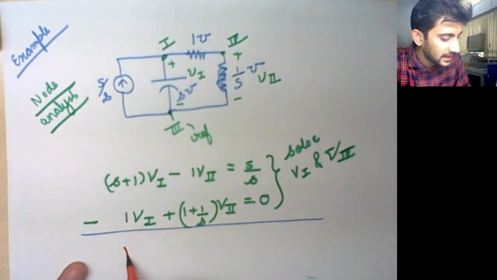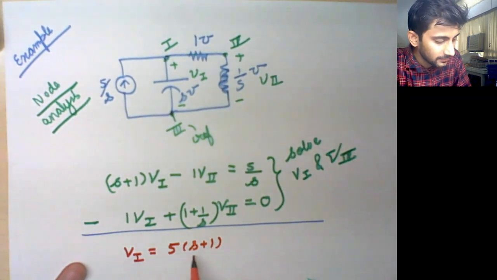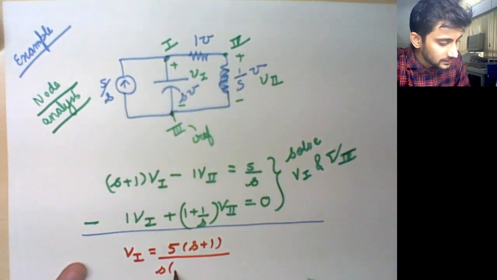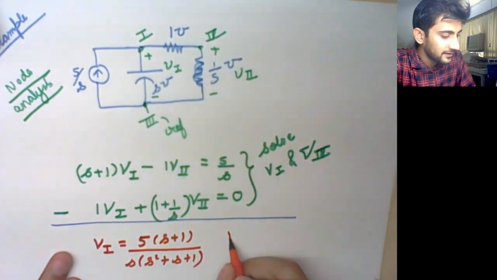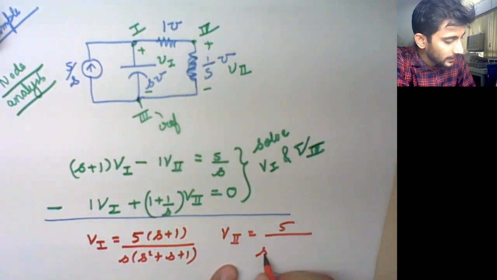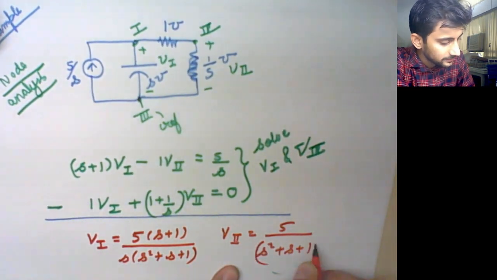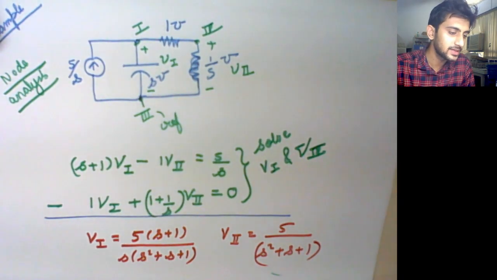You can simply say that your V first should be equal to 5 times (S plus 1) upon S square plus S plus 1, and you have to verify it. And V second should be equal to 5 upon S square plus S plus 1. So this is what we are saying as V first and V second.